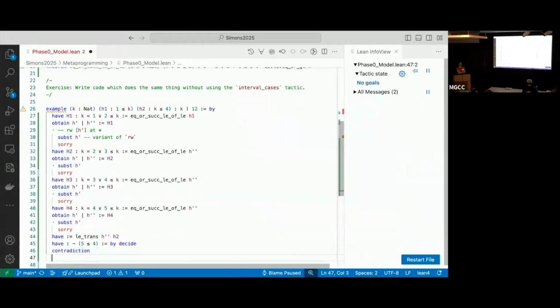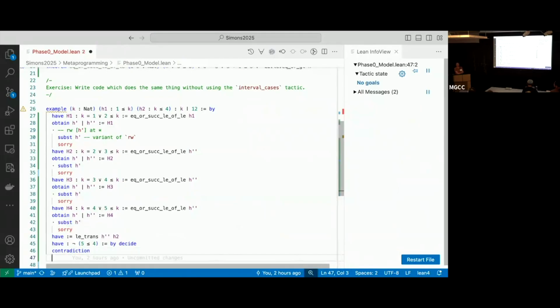Questions? Yes. What is the decide tactic used? Decide proves decidable things, which is, I guess, maybe not very instructive, but all facts about arithmetic and inequalities and equalities on the natural numbers are what's called decidable.